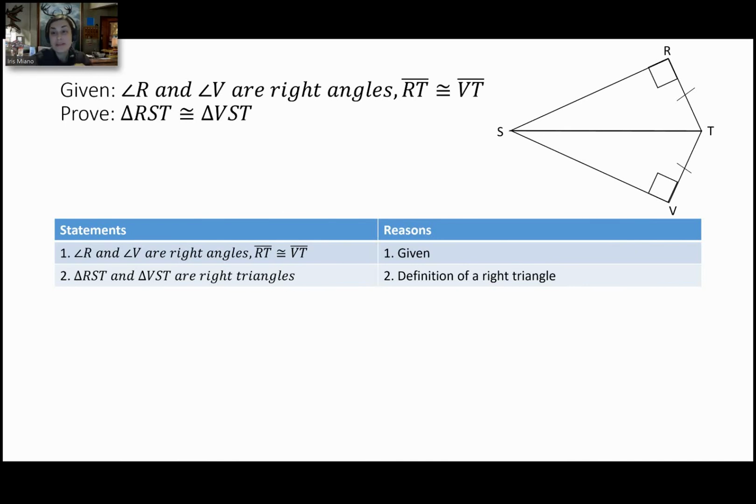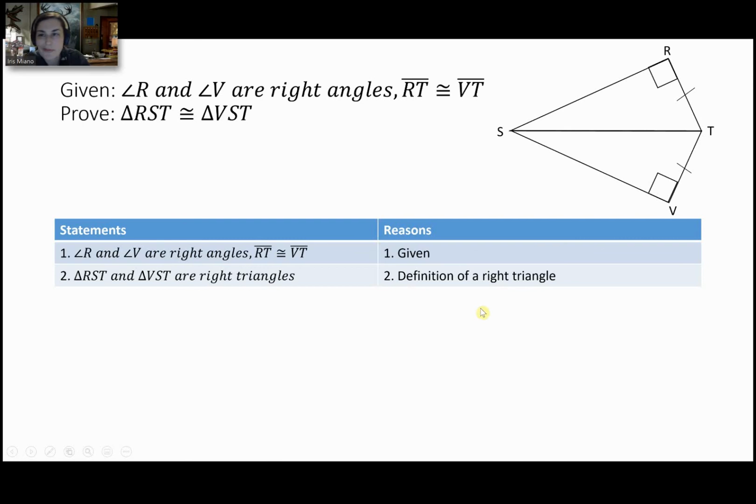You need to explicitly state this if it's not already explicitly stated, in order to eventually use HL, because HL, or hypotenuse leg, is explicitly for right triangles. You cannot use this for any other kind of triangles except for right triangles. So explicitly stating in your proof that you're dealing with right triangles is paramount. It's very important, okay?